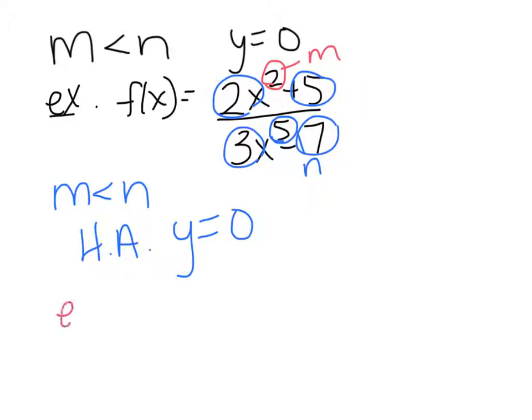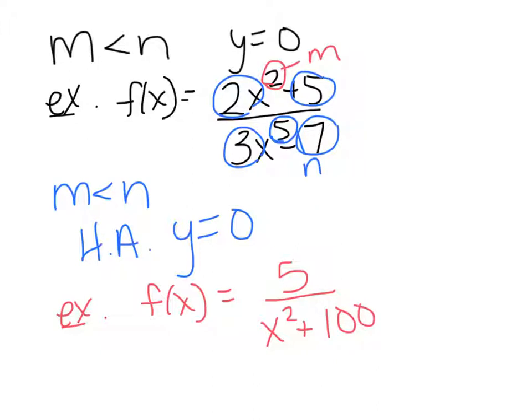Another example of this would be if we had f of x is equal to 5 divided by x squared plus 100. Again, it does not matter what this is. We are looking at your degrees. In the denominator, our degree is a 2.